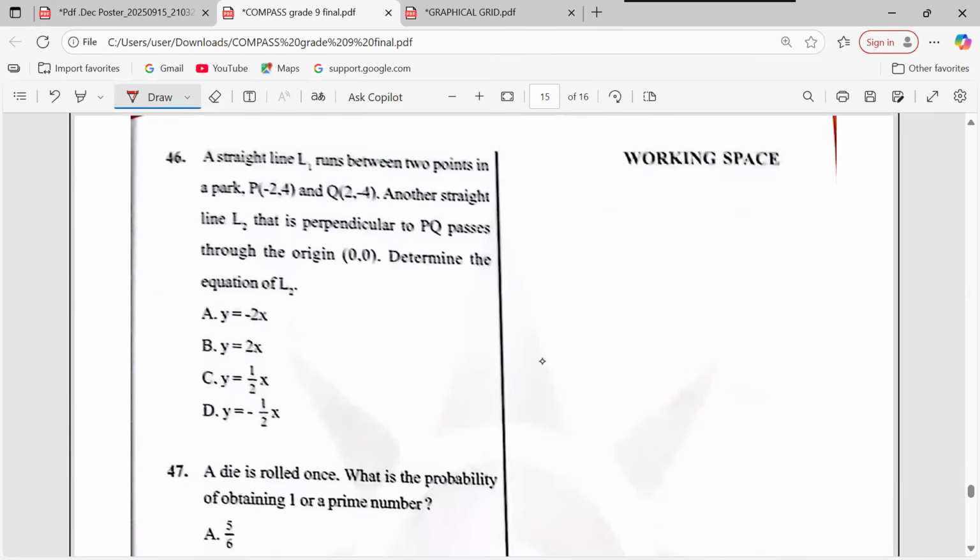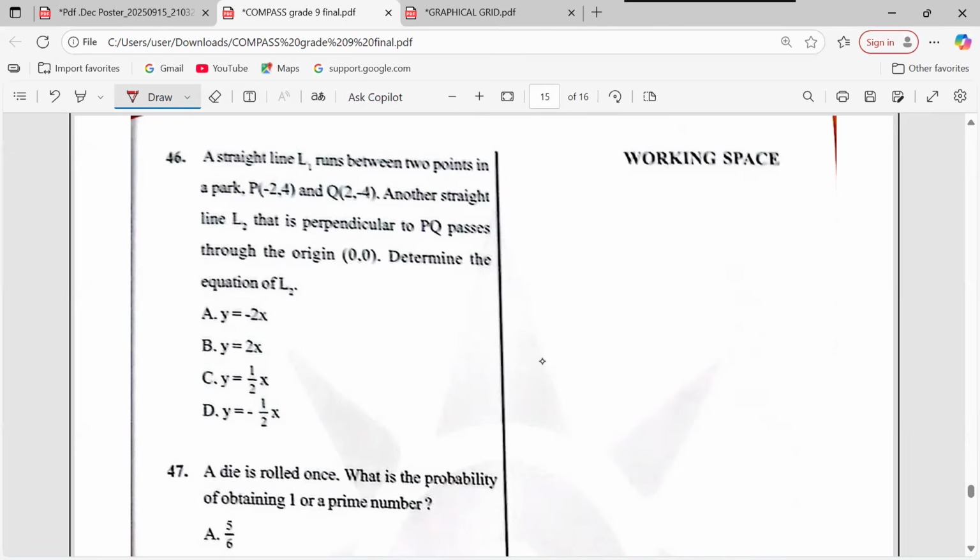It's number 46, right? In number 46, we talk about a straight line running between 2 points in a path, P(-2, 4) and Q(2, -4). Then another straight line L2 that is perpendicular to PQ passes through the origin. Determine the equation of L2.